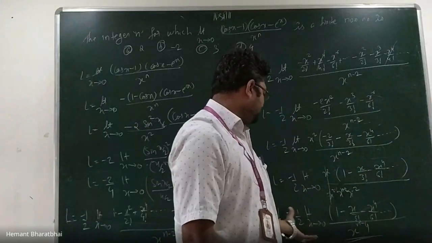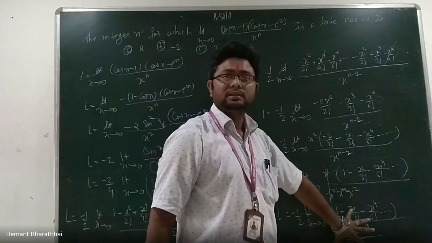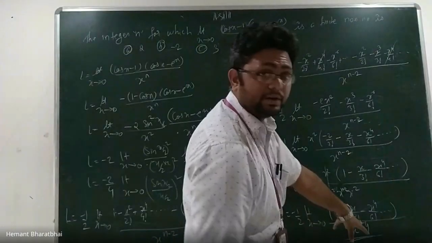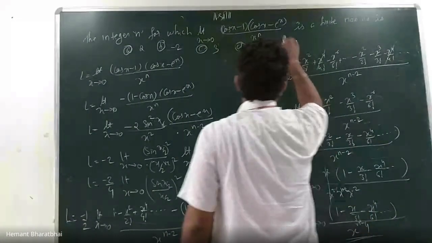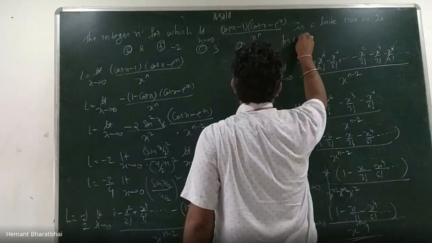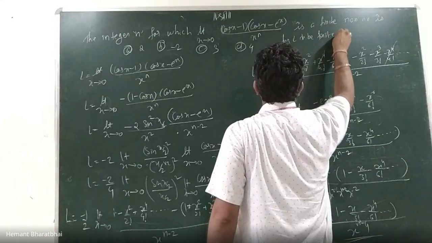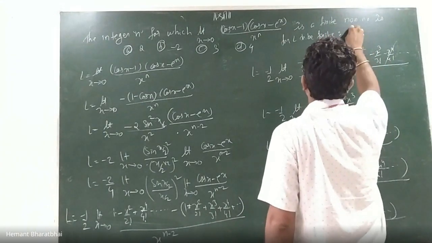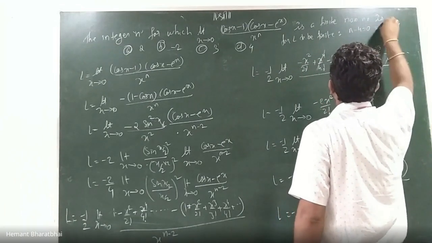So if I want this limit to give some finite value, then my n minus 4 should be equal to 0, which implies n should be equal to 2.